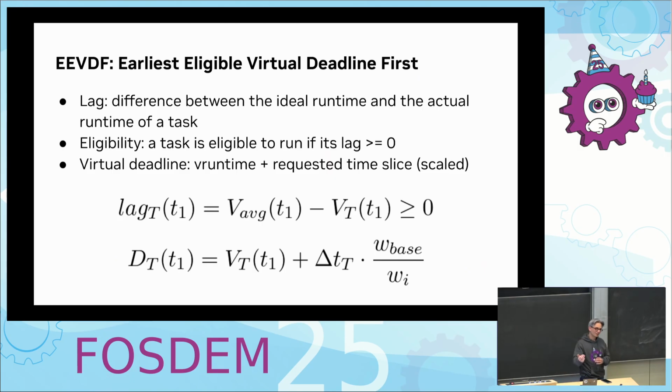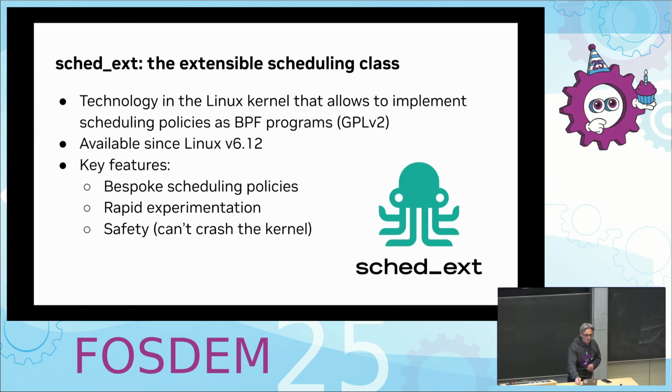So it's a trade-off. It's a little compromise. We prioritize latency more, but at the same time, we still enforce fairness. So there are improvements in terms of latency and gaming, but it's still not ideal. And it's not ideal because we need to enforce fairness, because the scheduler is just one, and it needs to be fair. So here comes sched_ext.